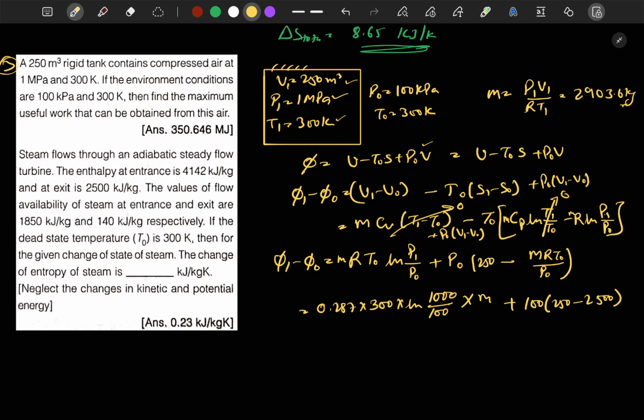Plus m is given as 2903.6 into 0.287 into 300 into ln 10. So we get the value of phi 1 minus phi node as 350.65 megajoule. Okay, so we have obtained the given answer, so our answer is correct.